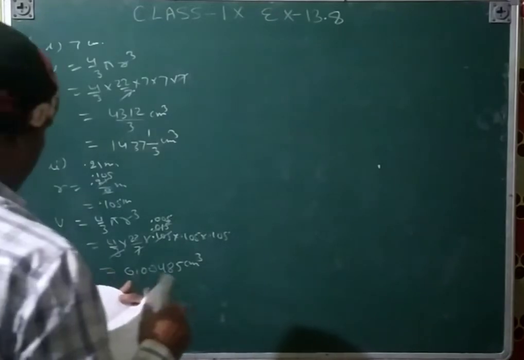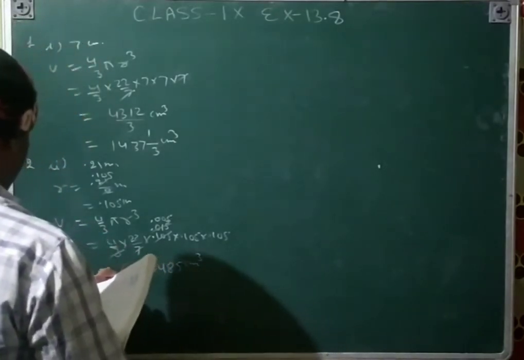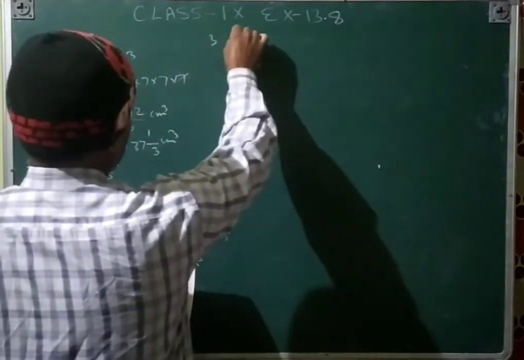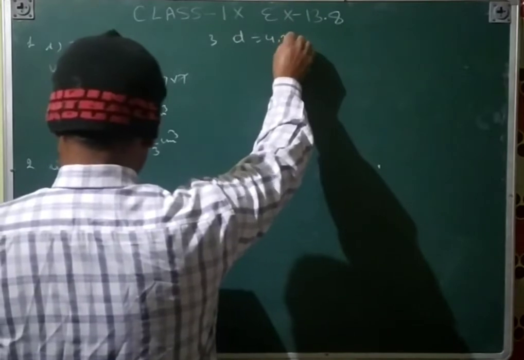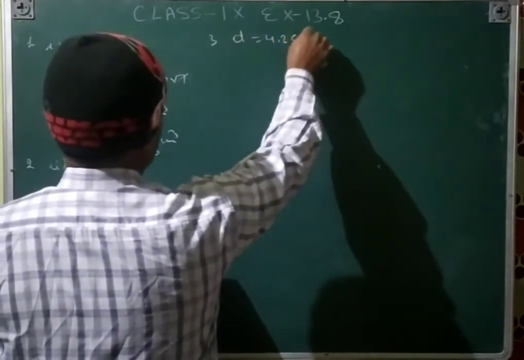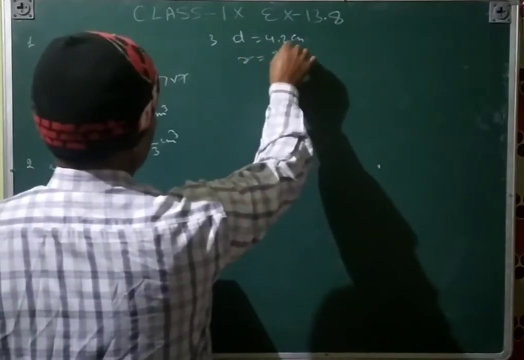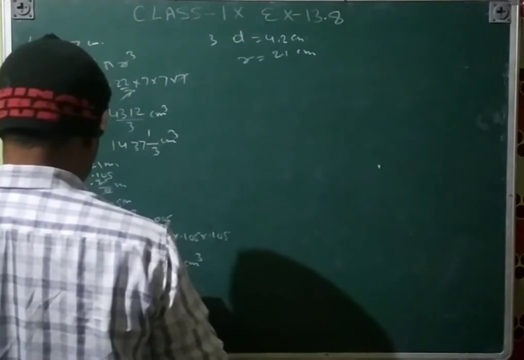Third question: the diameter of a metallic ball is 4.2 centimeter. So r will be 2.1 centimeter. And then we need the mass of the ball, given the density.